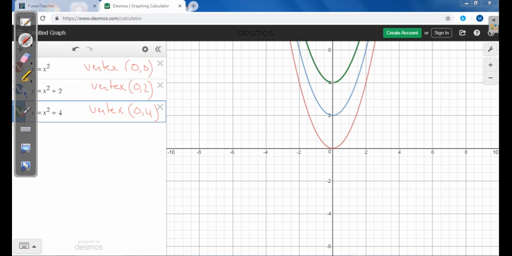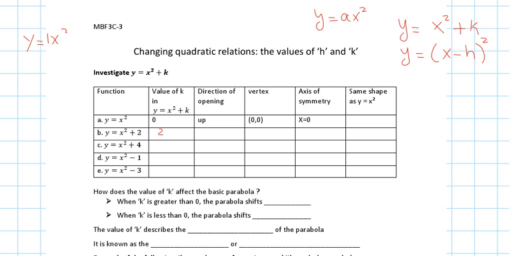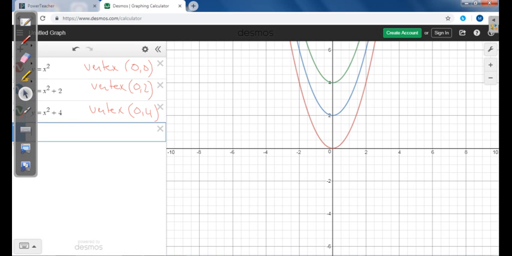What's the next equation? y equals what? x squared minus 1. So what do you expect to see if I type y equals x squared minus 1? Might go down. Reflection?